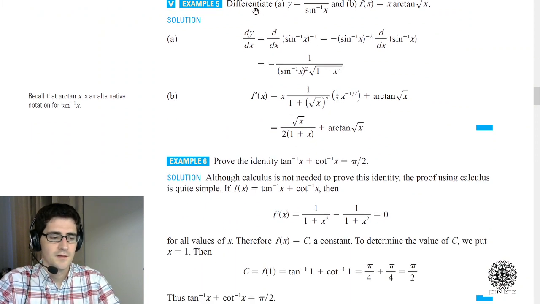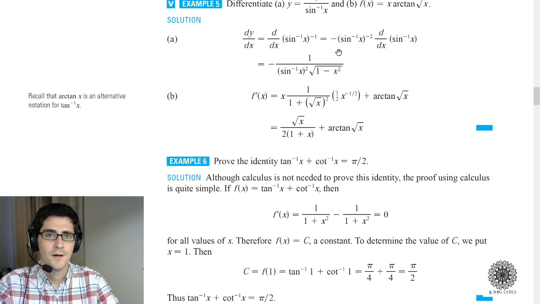Okay, so let's do example 5. Let's take the derivative of 1 over sine inverse. We're going to have to use some chain rule here, because remember, that is sine inverse to the negative 1 power. So when I take the derivative, first you take the derivative of the outside, so that's going to be negative sine inverse to the negative 2 power. And then you multiply that by the derivative of what's inside, sine inverse x.